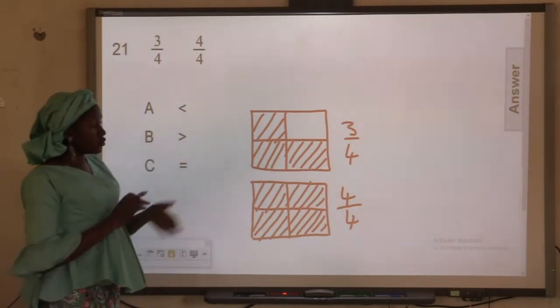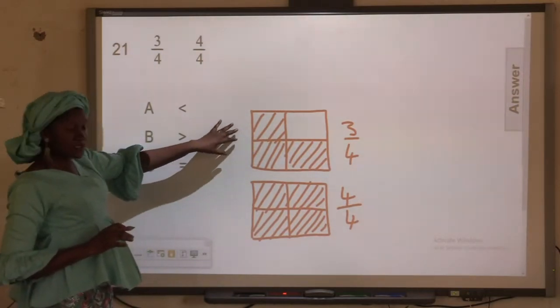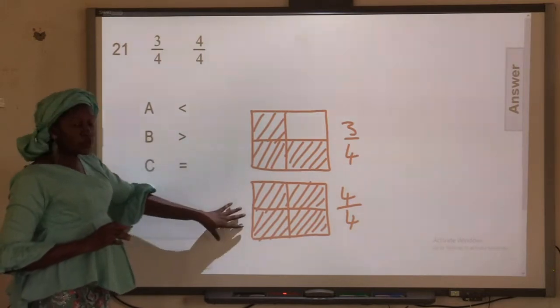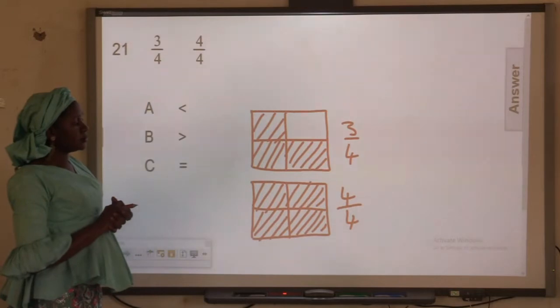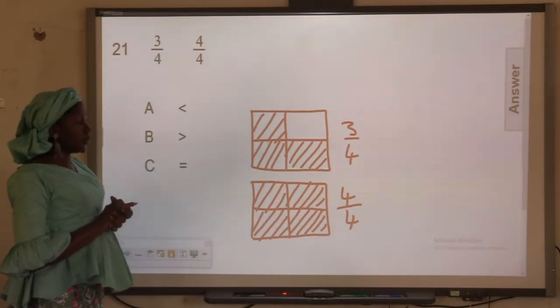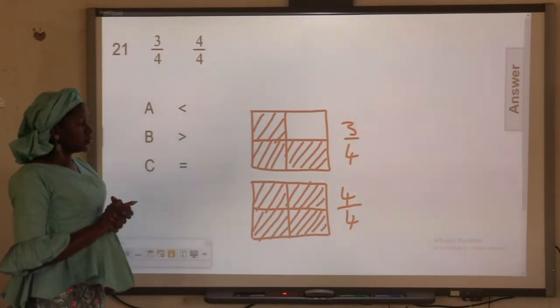They are all 4s. This one, the 3 portions are shaded. That is the first chart. And the second one, all the 4 portions are shaded. Which one is greater? We are comparing. Or which one is less? Or are they equal? What can you observe?